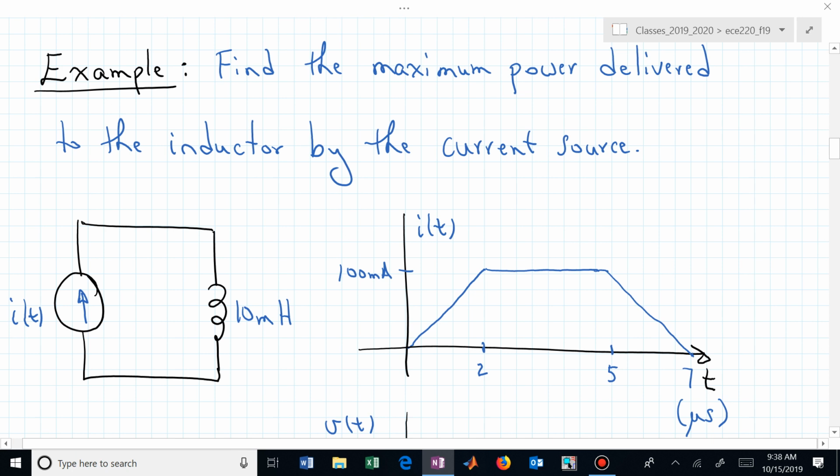And we know how to find the voltage given the current. So let's do that first, because if we have voltage and current, we can form that product to find the power.